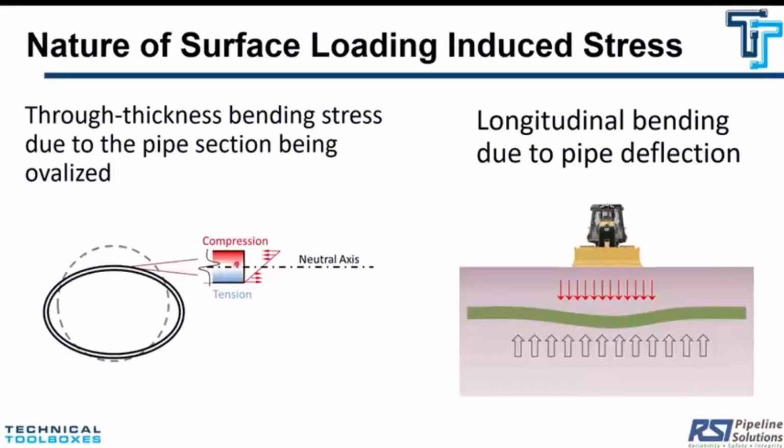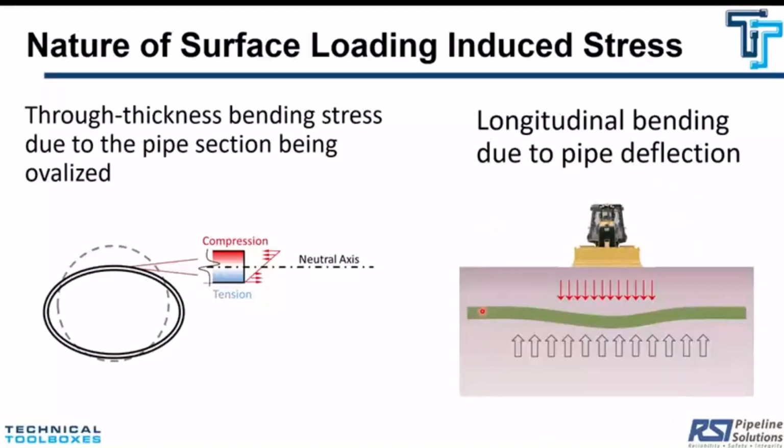And this is the wall thickness, right? Okay. Now, in the longitudinal direction over here to the right-hand side, when you have a vehicle crossing the pipeline, it tends to bend, as you can see schematically in this figure. That creates a global bending moment. This mode of deformation is called global bending.